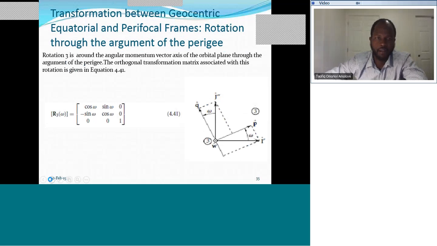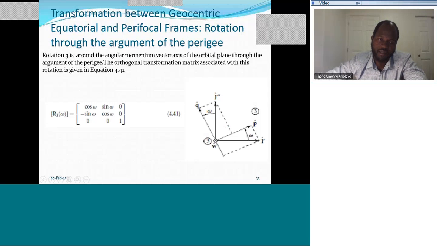And then rotation 3 is around the angular momentum vector axis of the orbital plane, through the argument of the perigee, the small omega. So it is just in the same manner as we did for the previous ones, and the orthogonal transformation matrix associated with this rotation is given in equation 4.41.